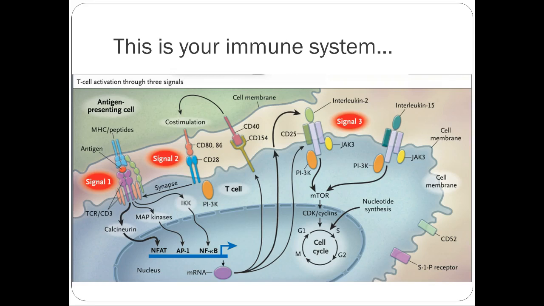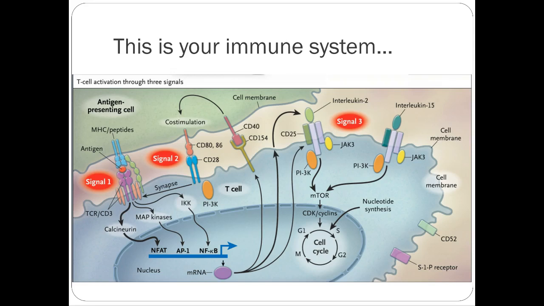The immune system is a fairly complicated setup, just like really anything in the body. This isn't unique to the immune system, but the immune system has a lot of different receptors and cell interaction type systems that can be manipulated by drugs. So it is a little bit unique in that sense, where there are a number of different ways we can manipulate how T cells respond to antigens.